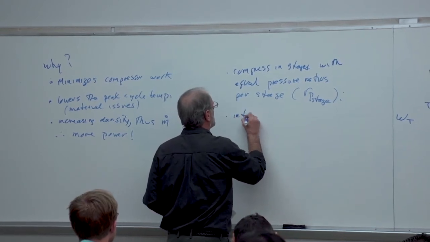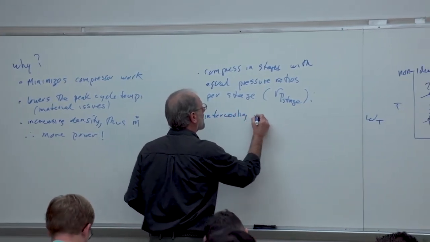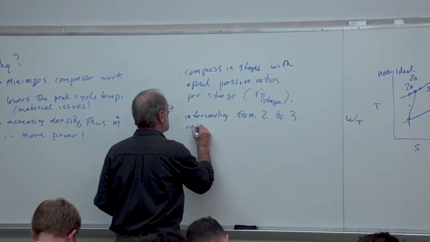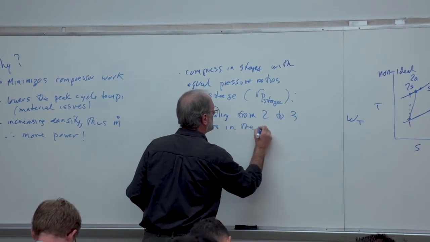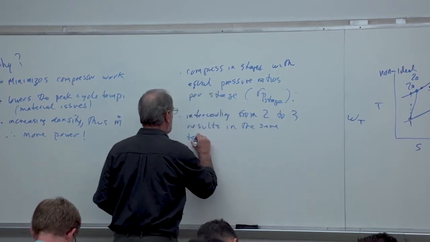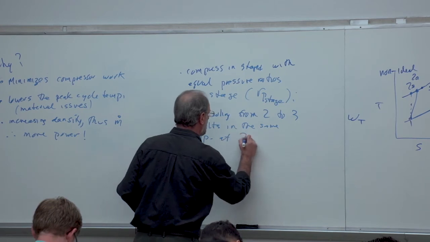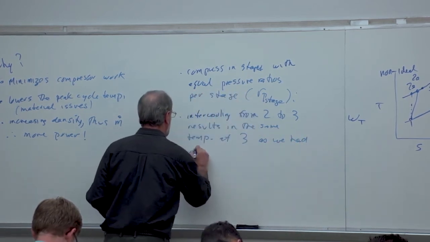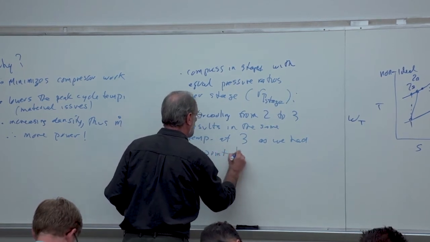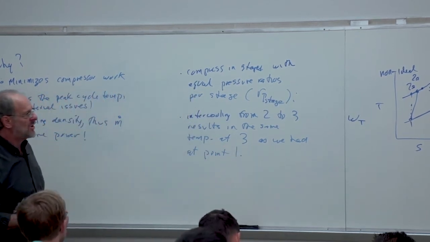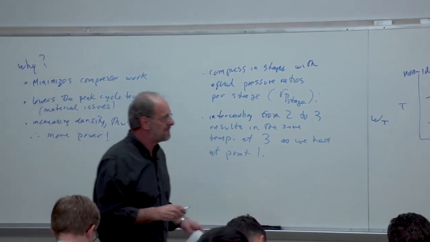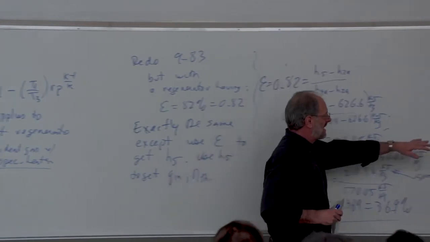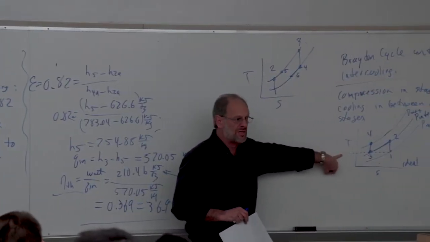So intercooling from 2 to 3 results in the same temperature at 3 as we had at point 1. Okay? So T1 and T3 are going to be the same. Now, we might also note that I did indicate that here in the diagram. This is part of the compression process.